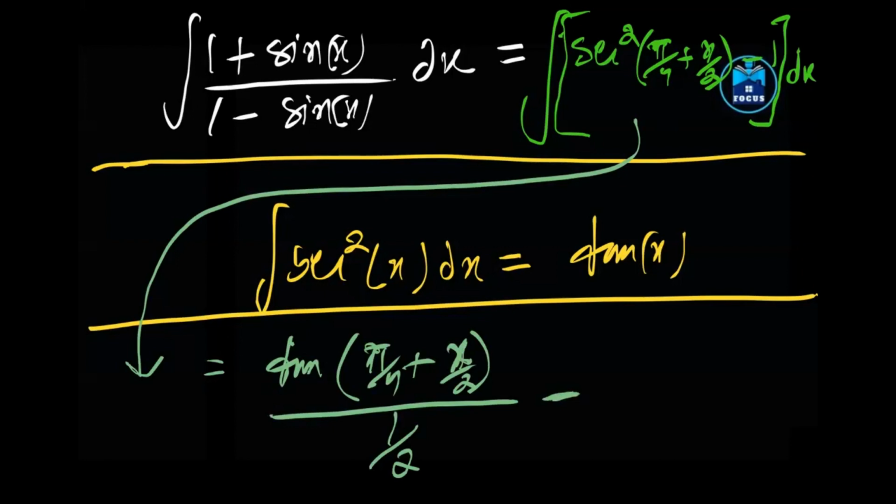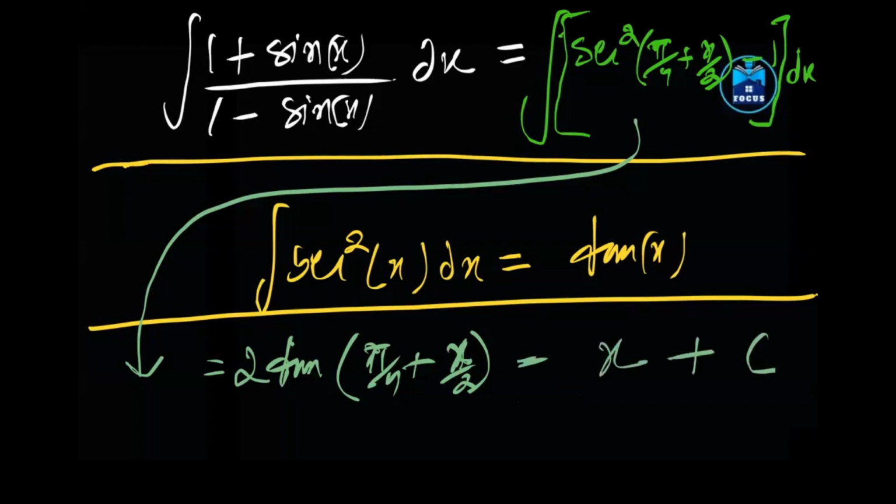Yes, I can write 2 in the numerator also. That is also brilliant. I can write minus sign followed by this, and then only x plus c. So this is your final answer. This is what you have just learned is the answer for this question.